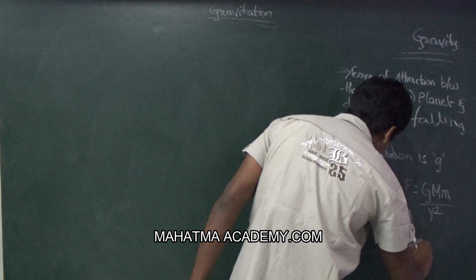Now GM upon R poles whole square, and GM upon R equator square. So we can see the value of g is more at the poles compared to the equator.